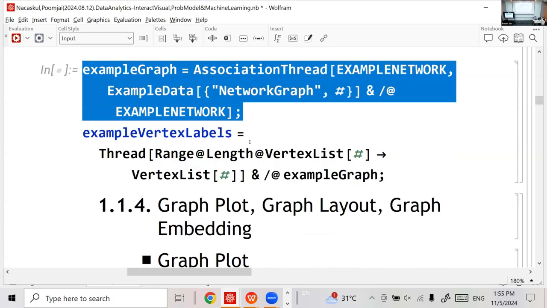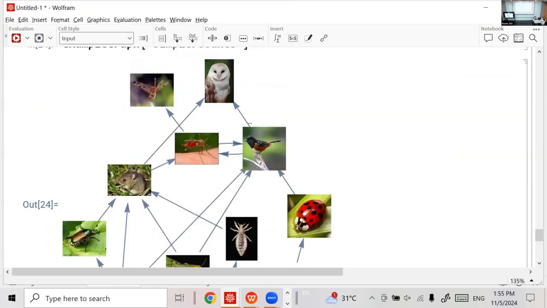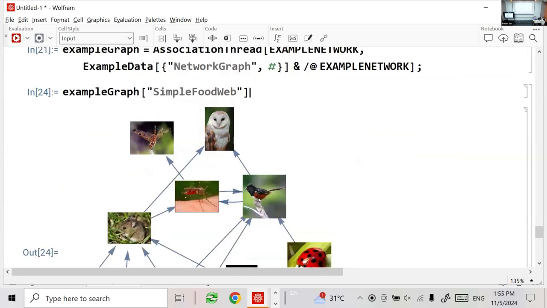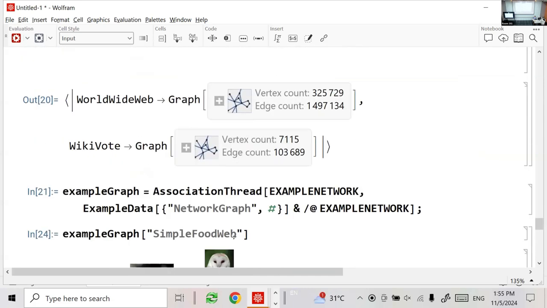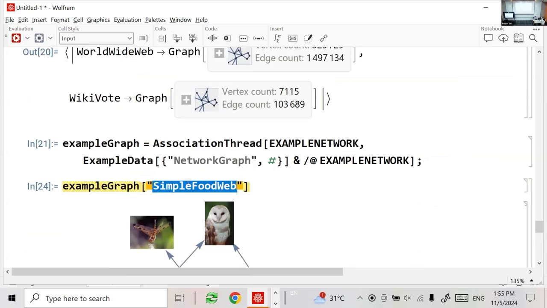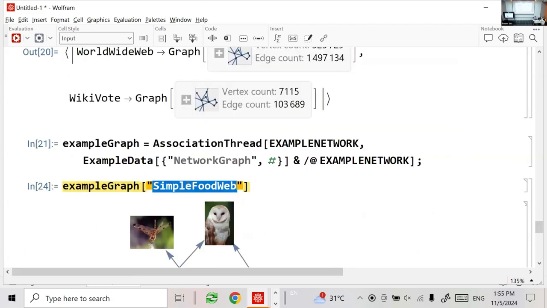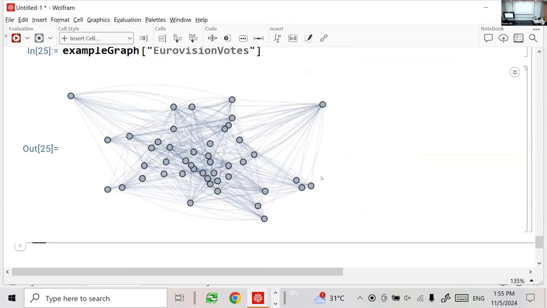Now, I do the same thing, except I also want the name of the vertex. So if I did this like before, this one happens to have a picture, but if I did the Eurovision votes, you can see that this is kind of nameless, so you can't tell who is whom, right?